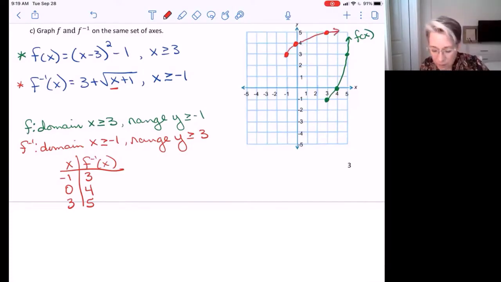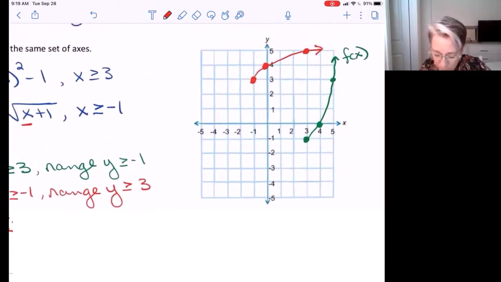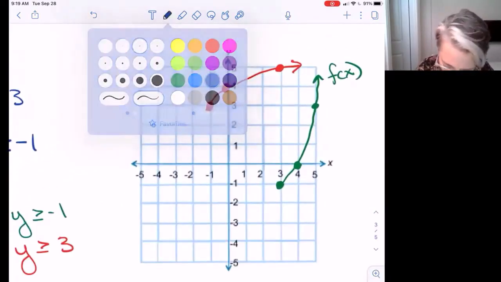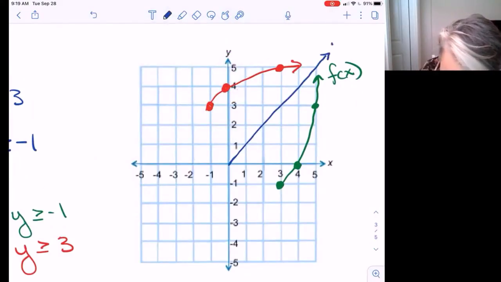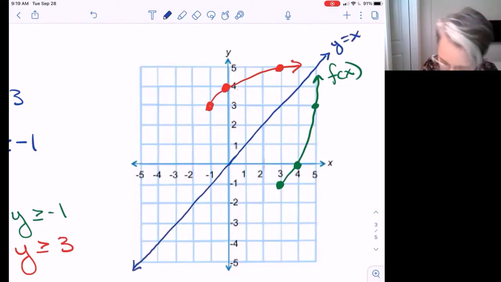So if we take a look at this graph here, and we were to graph the line, I'll just graph the line through here, of y equals x, that line just splits the first and third quadrant right in half. So notice how these two graphs are kind of mirror images of each other across that line.